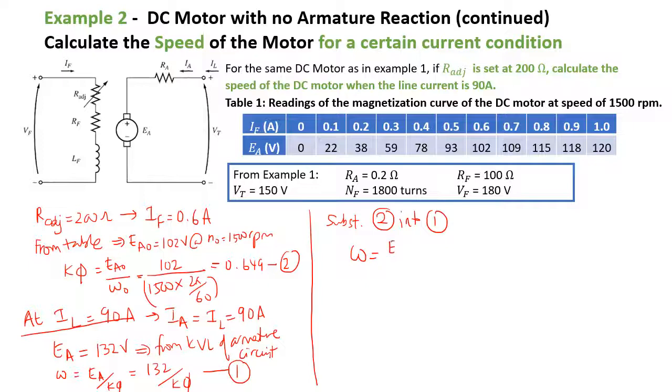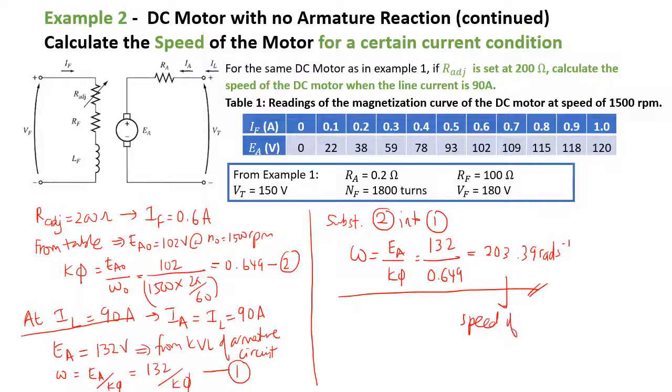So EA over K flux, 132 over 0.649, gives us a speed of 203.39 radians per second. So this is the speed of the DC motor when IL is 90 amperes.